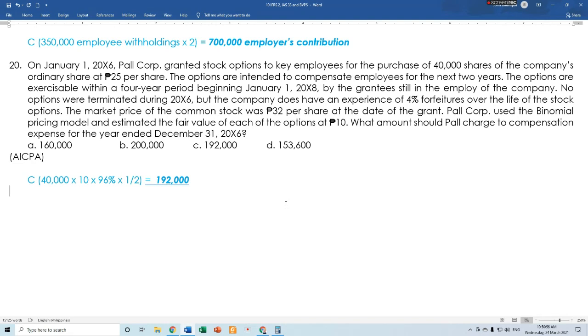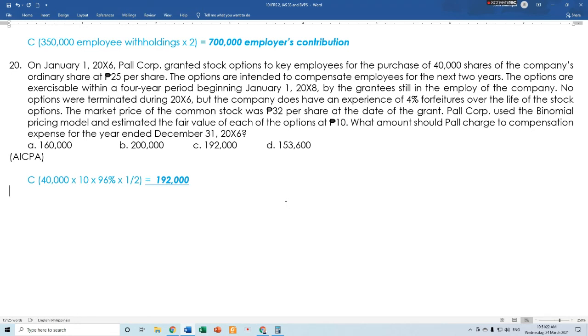The options are exercisable within a 4-year period beginning January 1, 20x8 by the grantees still in the employ of the company. No options were terminated during 20x6, but the company does have an experience of 4% forfeiture over the life of the stock options. The market price of the common stock was 32 per share at the date of the grant. PAL Corporation used the binomial pricing model and estimated the fair value at 10.